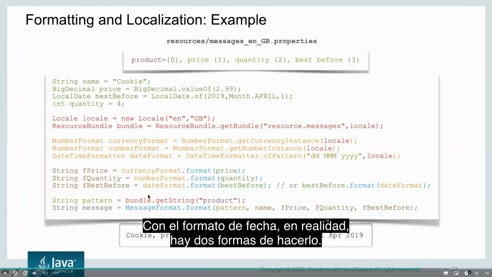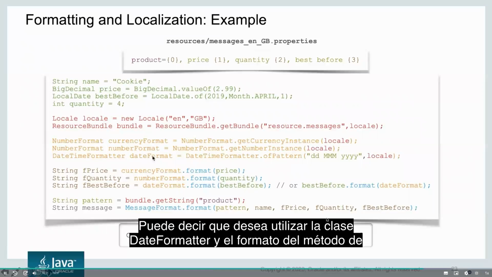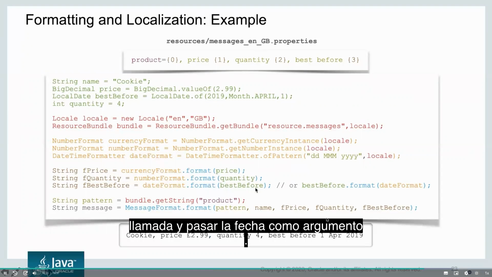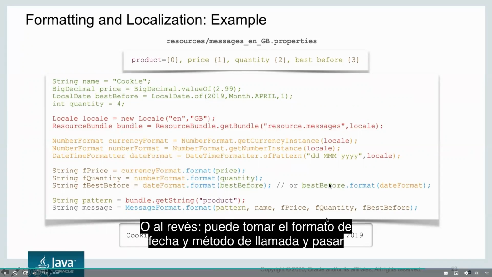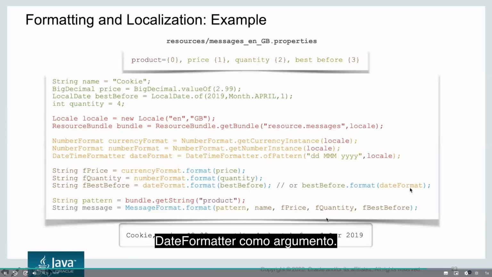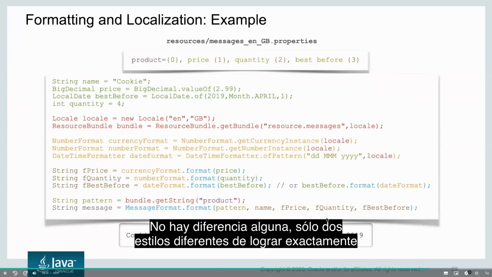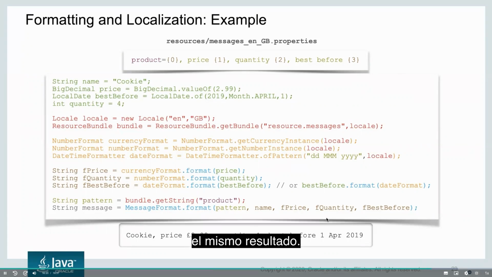With the date format, actually, there are two ways of doing it. You can say you'd like to use the date formatter class and call method format and pass date as an argument, or the other way around. You can take date and call method format and pass the date formatter as an argument. It's entirely up to you. There is no difference whatsoever. Just two different styles of achieving exactly the same result.